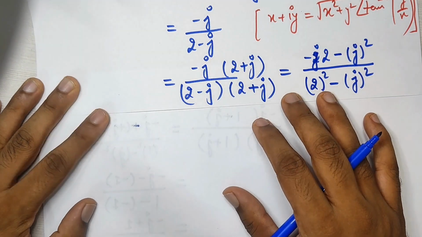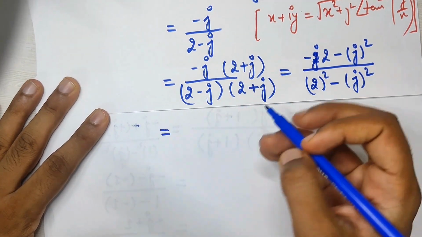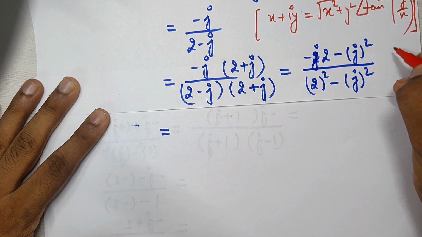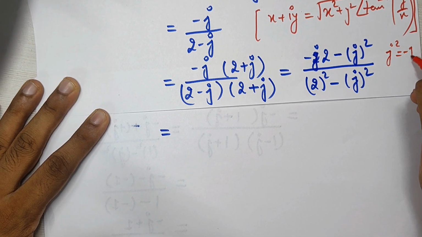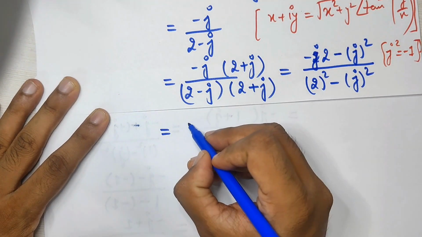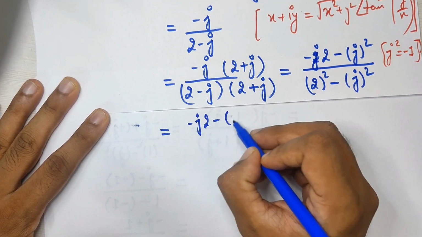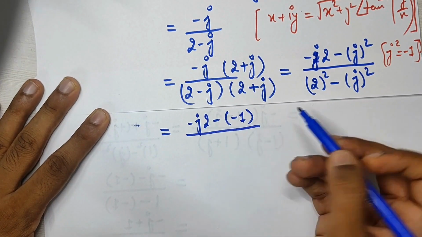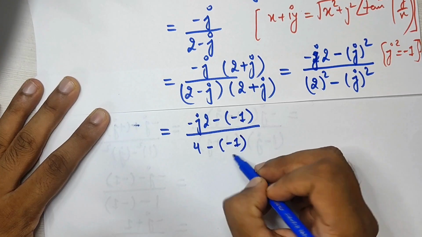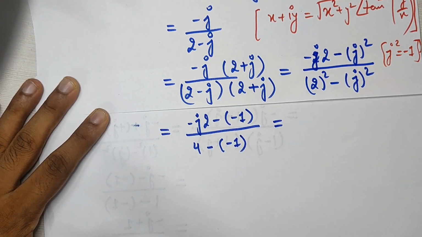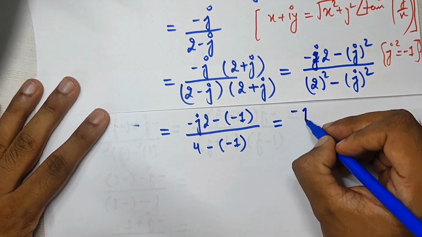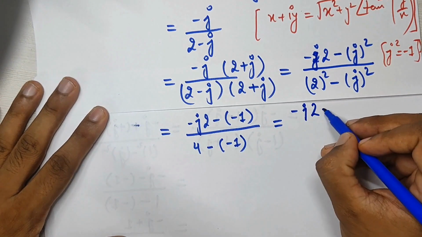We are aware that j square is equal to minus 1, from complex numbers. So the numerator will become minus j2 plus 1, and the denominator will be 4 plus 1.